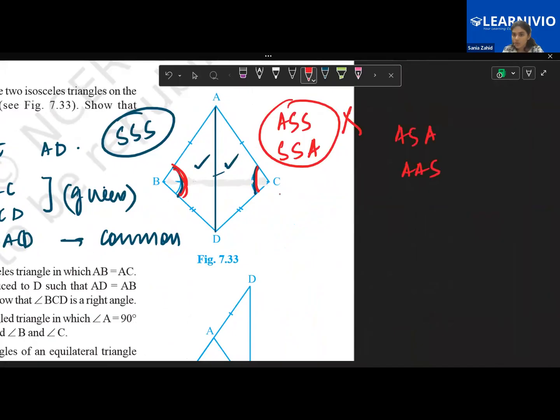AAS is there, and you can call AAS SAA also, but we generally write the angle first. Then SSS is also a congruency. Then SAS is also a congruency. And we also have one more, RHS. RHS we study separately, but these are all the congruencies that we can have. It might be that they were not mentioned in the examples, so it would have been missed, but SSS is there.